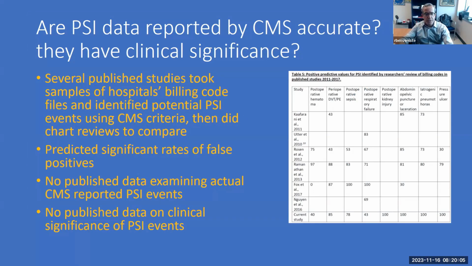Like if the billing code says that a postoperative hemorrhage occurred, did it really occur? Are there missed events? In other words, is it possible that there are events that are not being captured by CMS? And then also, do they have clinical significance? Do these, let's say, postoperative hemorrhages, are they just some bleeding under the skin, or are they something that actually harms patients? So I'm not the first person to ask this question.